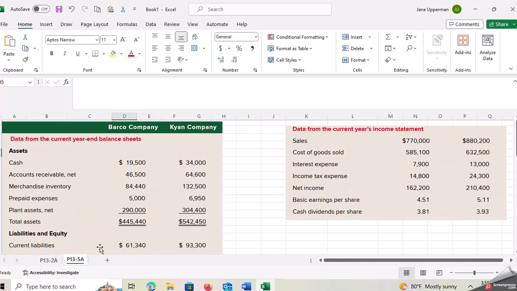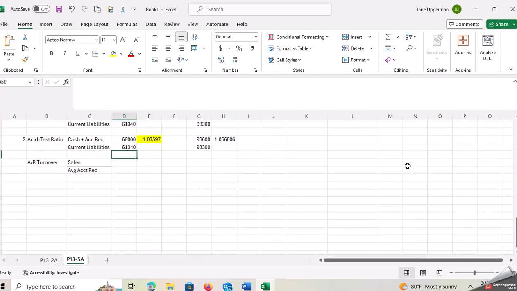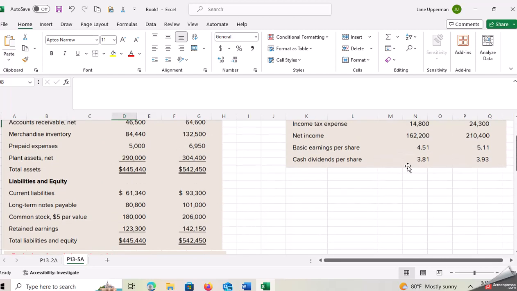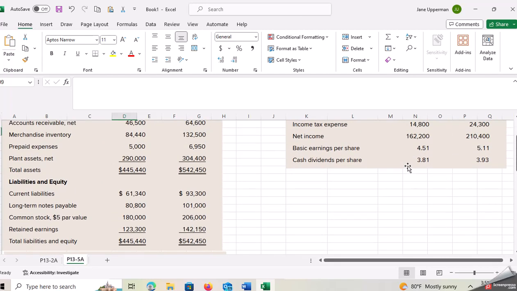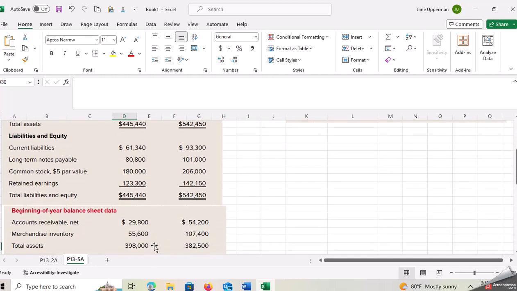As we go back up, our sales are over here to the right, 770,000. Then our accounts receivable ending balance is 46,500, and the beginning balance is given to us here, 29,800.